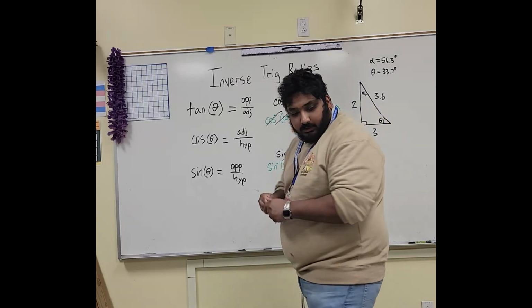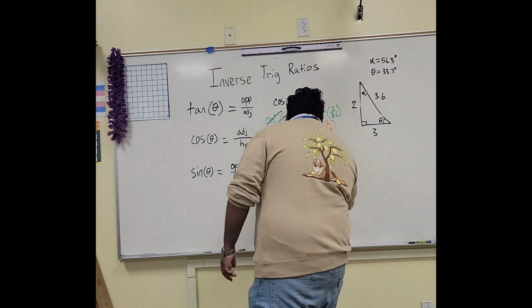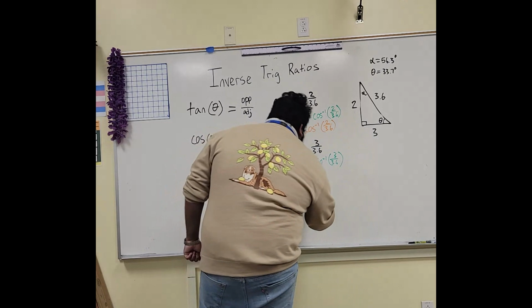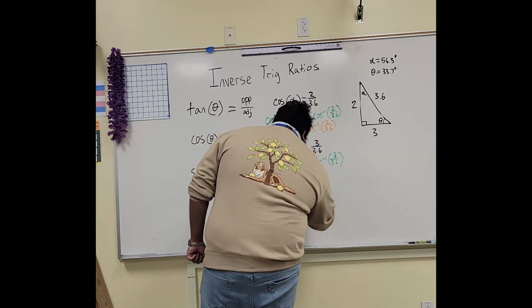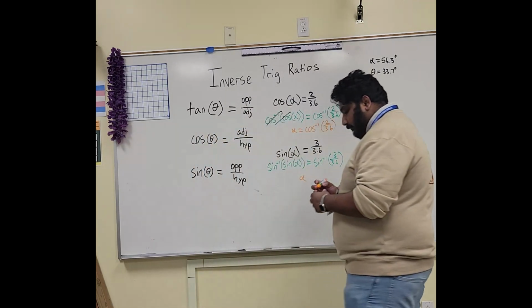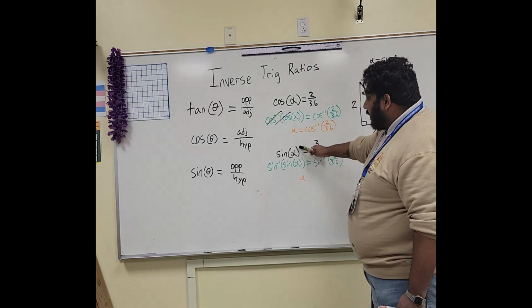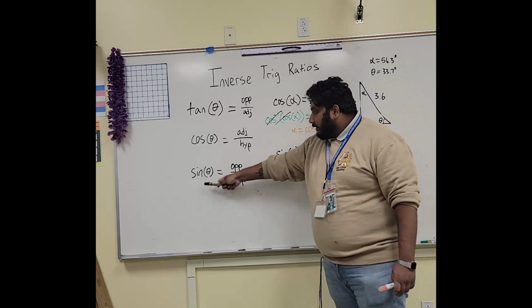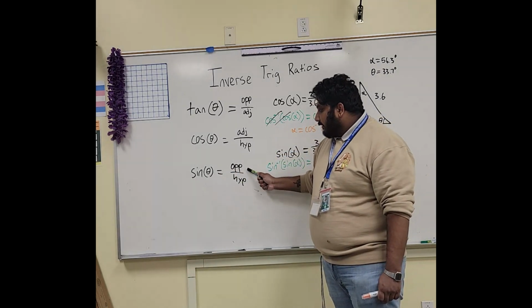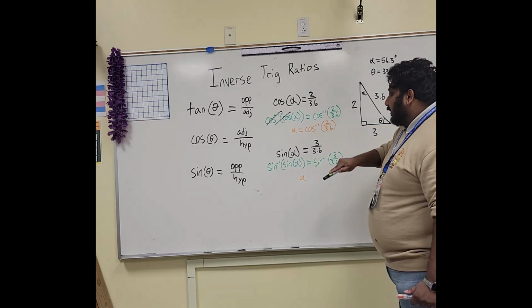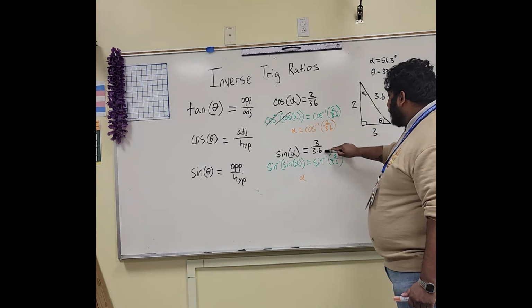Now, it's a different math symbol. I think that was delta or epsilon. Okay, there we go. Here's alpha. So remember, we started off with our main equation, which was sine of an angle is equal to the opposite side over the hypotenuse. Sine of alpha is equal to 3 divided by 3.6.